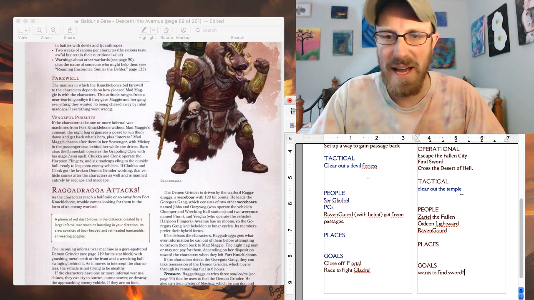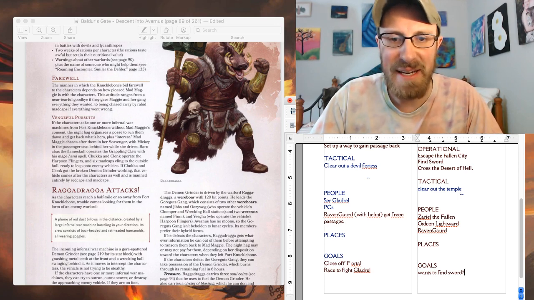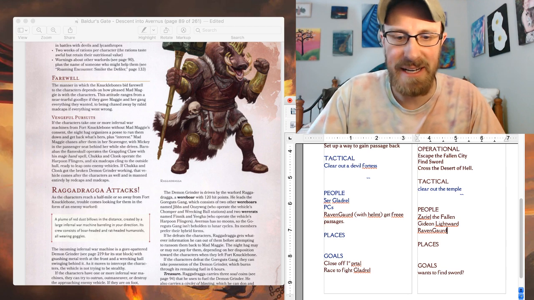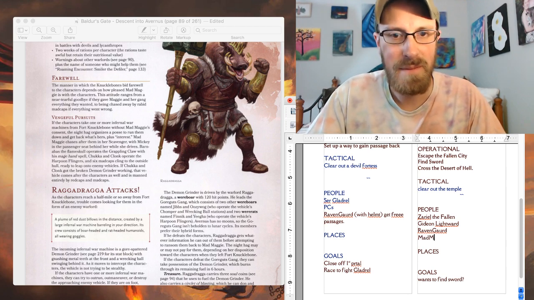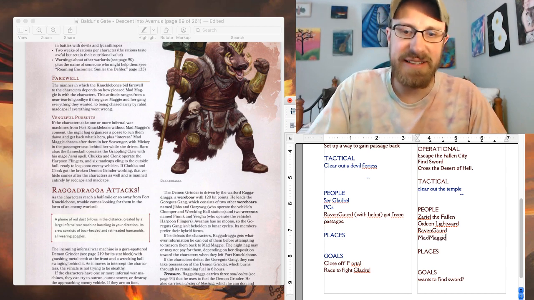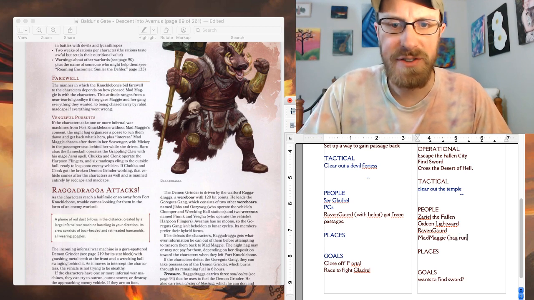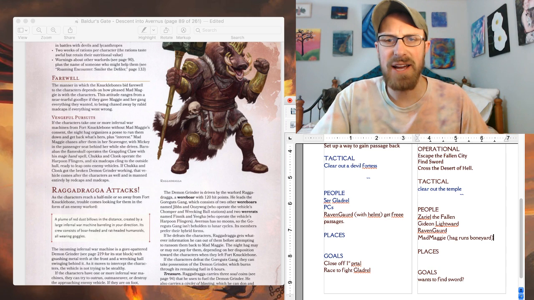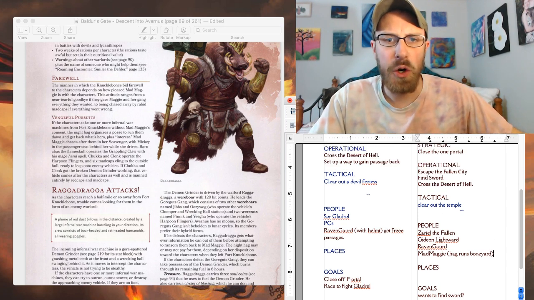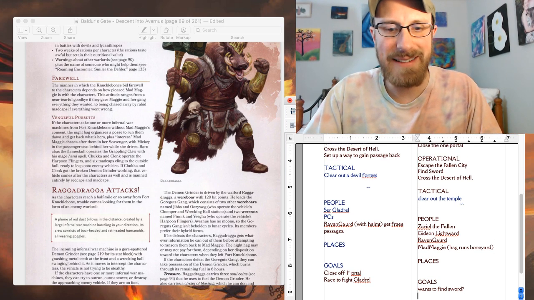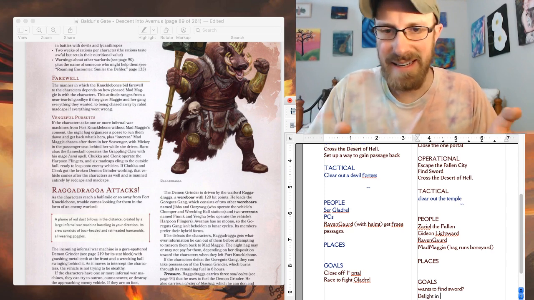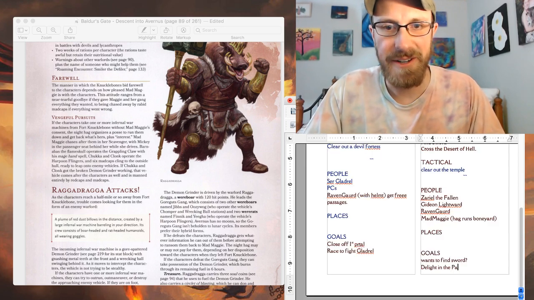Okay, so one of the people that they meet here is Mad Maggie, right? And she is a hag who runs the boneyard. Her goal is to delight in the pain of Zariel.